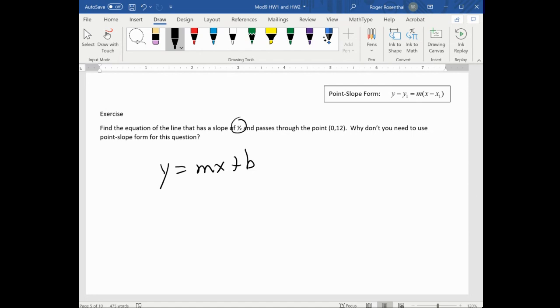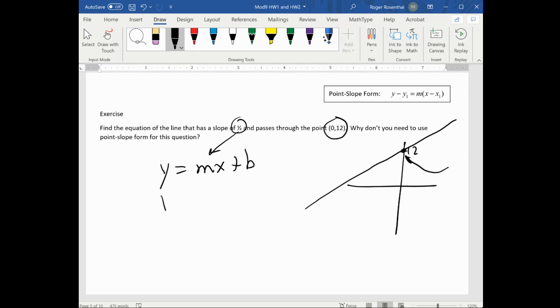And since we already know the slope, and look at the point 0, 12. The point 0, 12 is right there. So we know the slope and we know the y-intercept. If you know the slope and the y-intercept, you can just put those in directly and the answer is y equals 1/2 x plus 12.